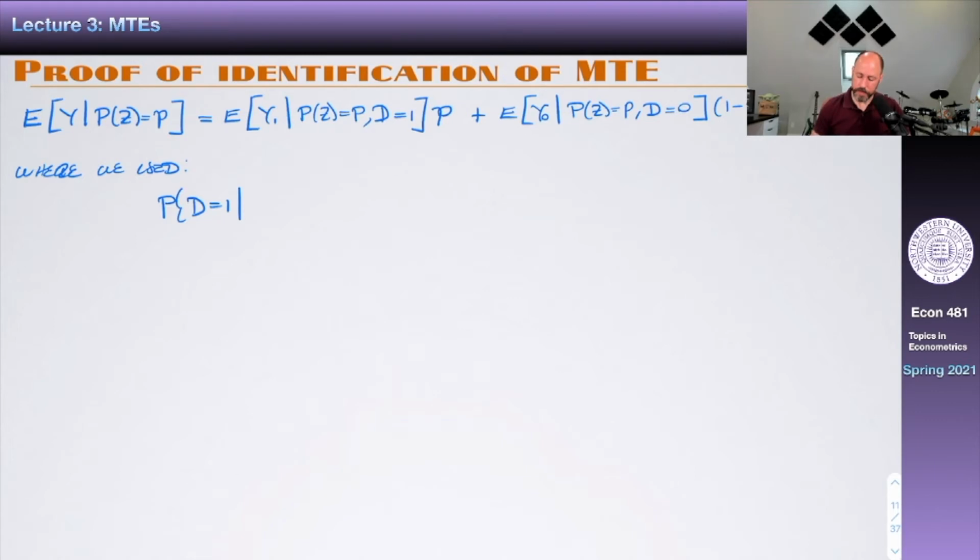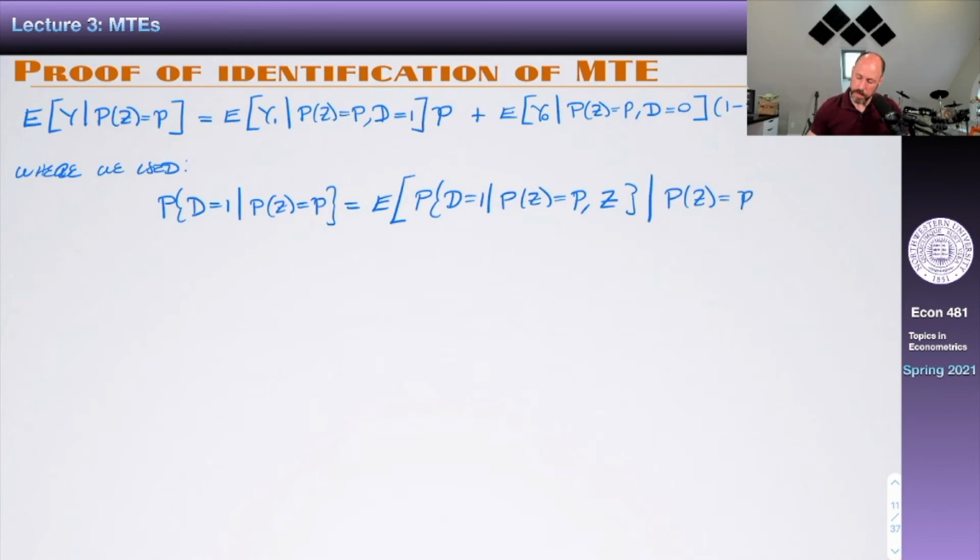conditional on the propensity score being equal to p, again use the law of iterated expectations.